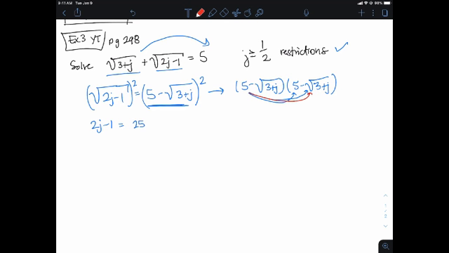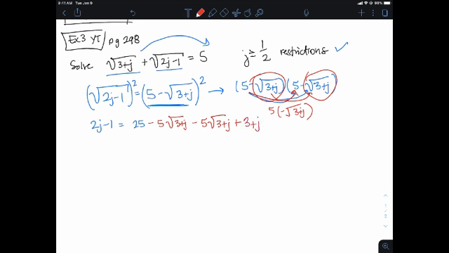Then I get the same thing when I do the second times the first, so minus 5 root 3 plus j. And then last term times the last term, so negative times negative gives me a positive, and it's like I'm squaring a square root, so it's going to pull off the root sign and I'll be left with just the radicand, or 3 plus j.